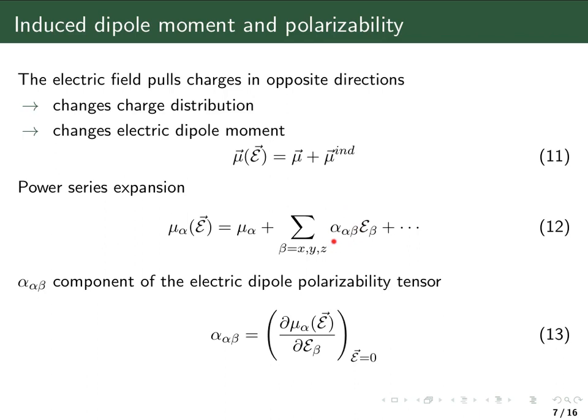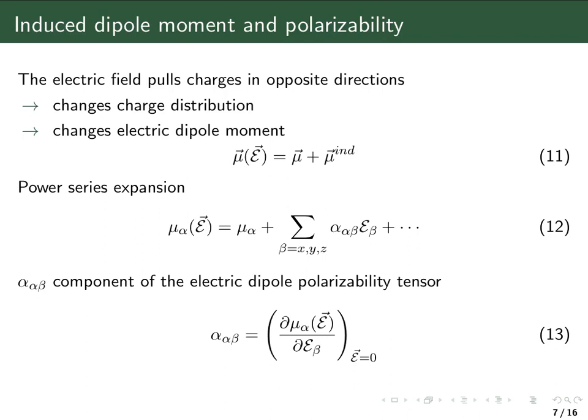So I have here 9 quantities which I can put together in a matrix. And this proportionality constant, which is how much the dipole moment changes linearly by the presence of a field, is called the electric dipole polarizability. And it's called a polarizability tensor because it's a quantity with 9 components.